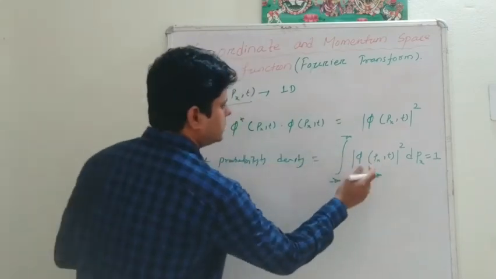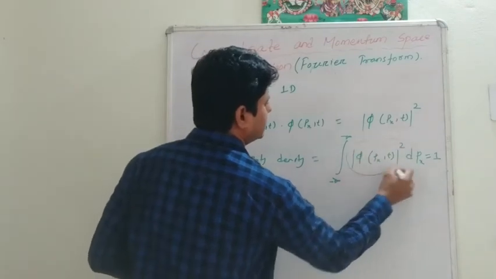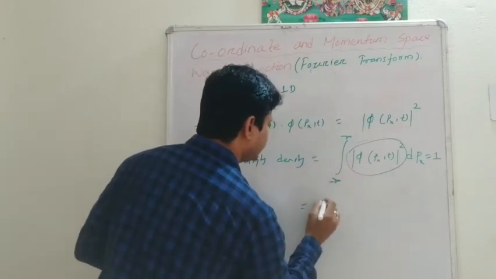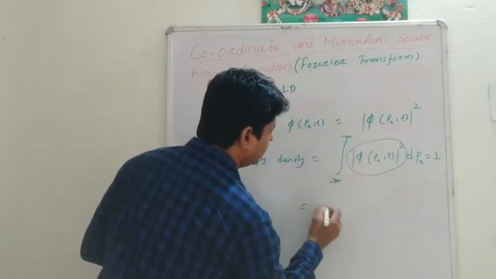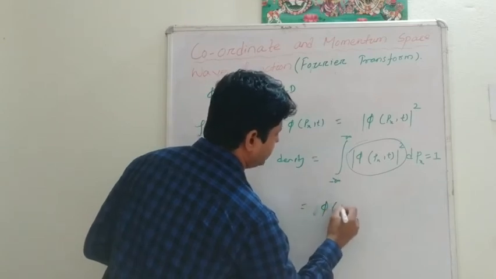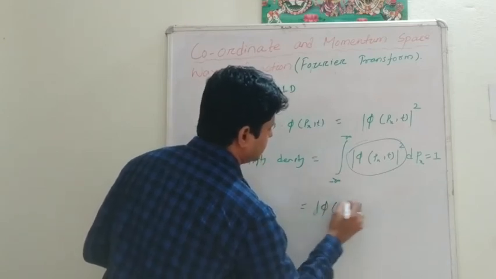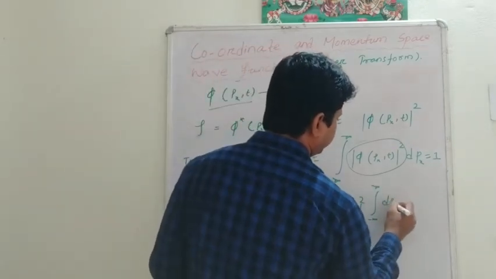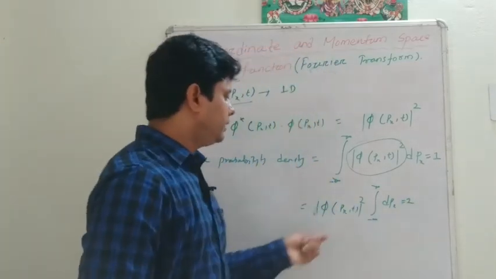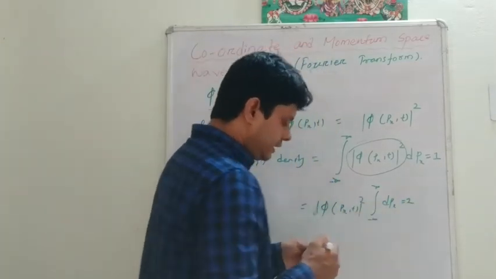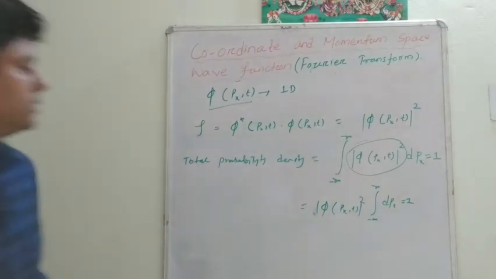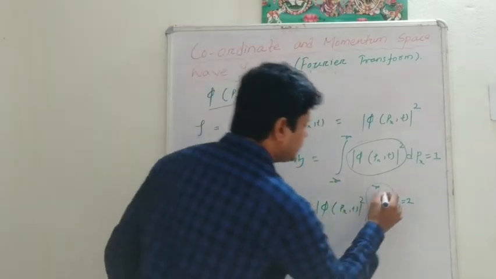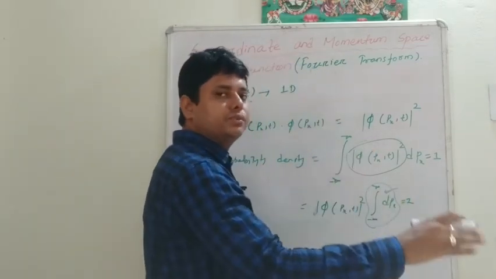See, this is a density, so the integral will be a constant. Suppose this is a constant, you can take it outside. That will be |phi(p, t)|², then integration over dp will be equal to 1. So after integration of this term, whatever we find will be the dimension of momentum.